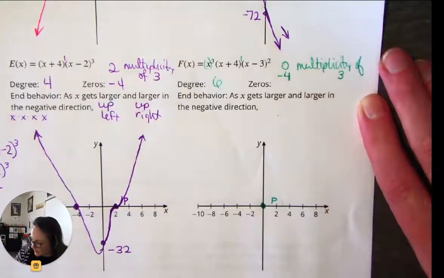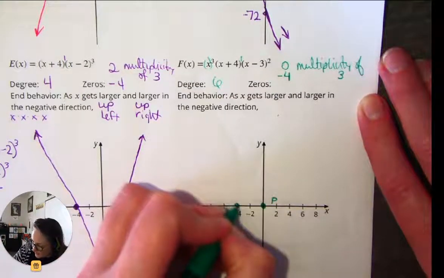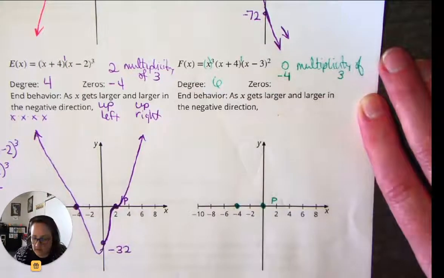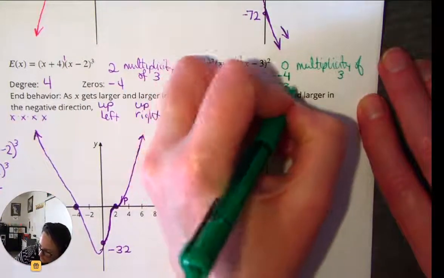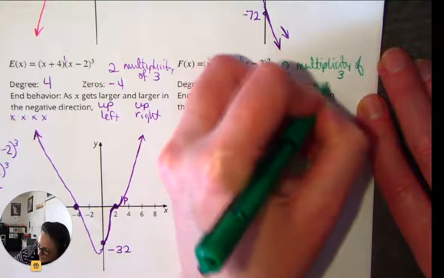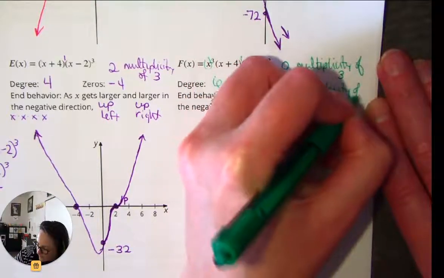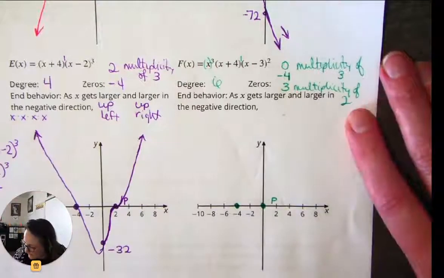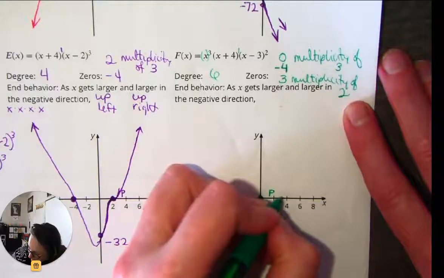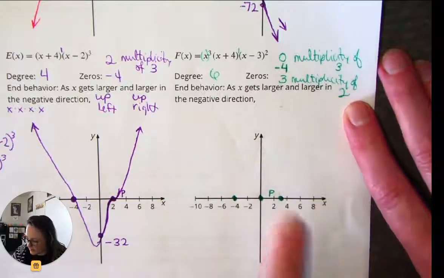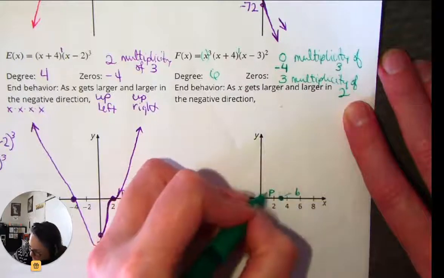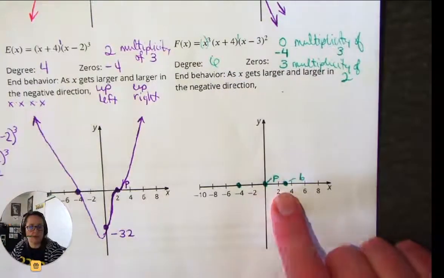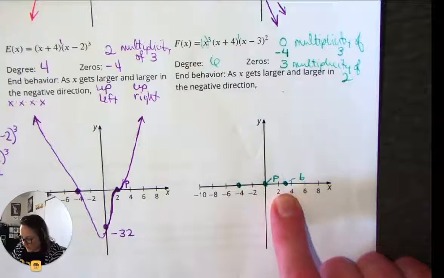I don't have to worry anything at all about that one. I just have to make sure I plot it on my x-axis. And my last 0 at +3 with a multiplicity of 2. That tells me at this 0 here, I'm going to have a bounce. So a pause here at the origin, a bounce here at 3.